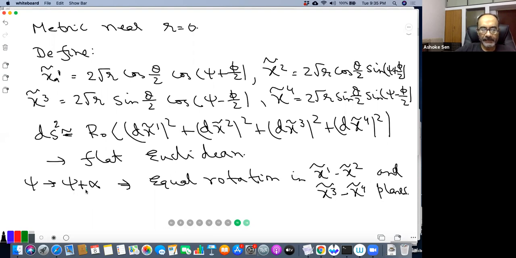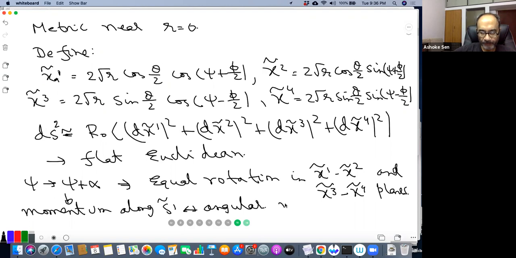Now the Noether charge associated with psi goes to psi plus alpha is of course the momentum along S1 tilde. And this is angular momentum. So this corresponds to a particular component of angular momentum.